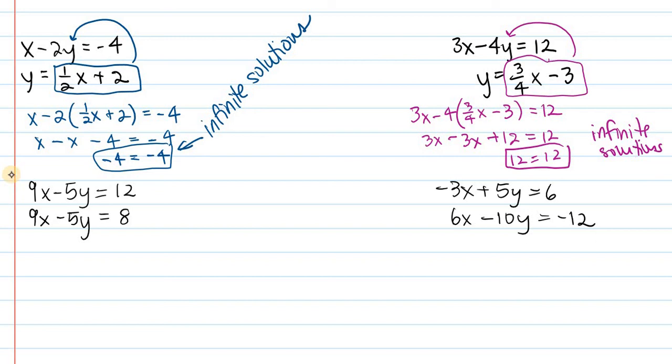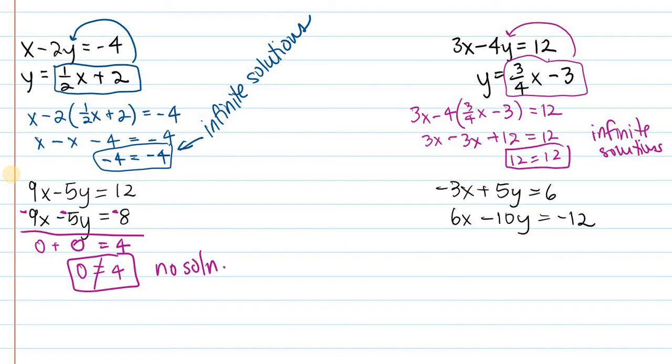Instead, I'm going to subtract every term. When I do that, I get 9x minus 9x, which is 0. I get negative 5y minus a negative 5y, or plus 5y, so that's 0. And that is equal to 4. But 0 does not equal 4. This is a false statement.